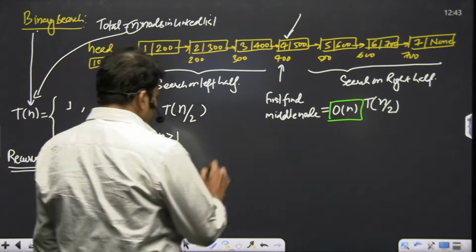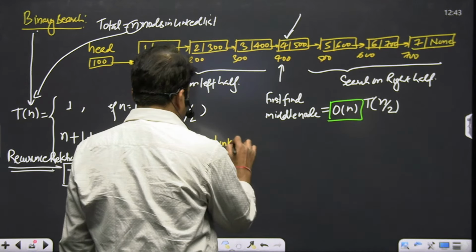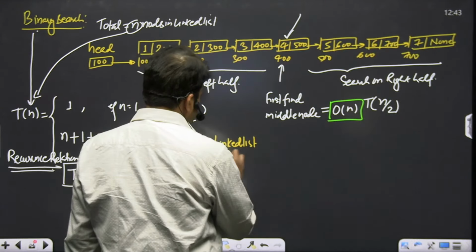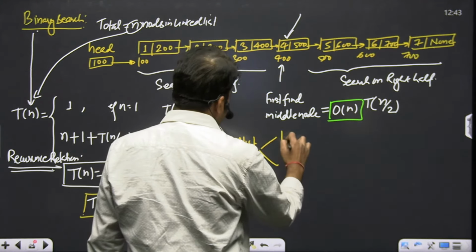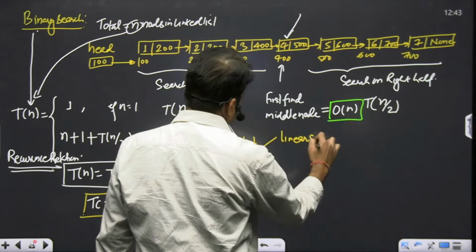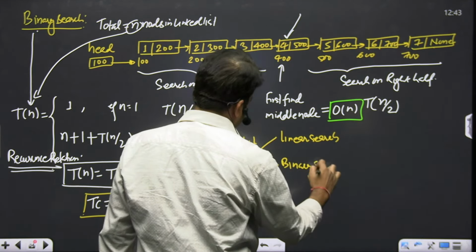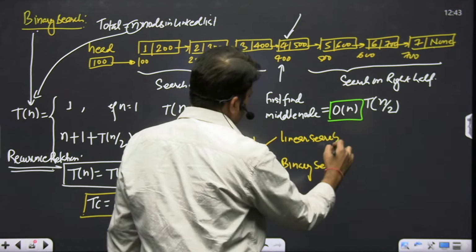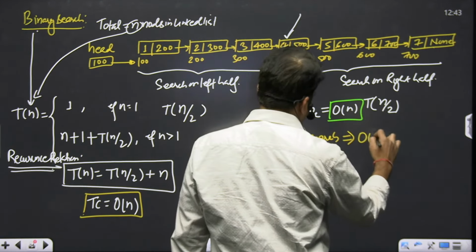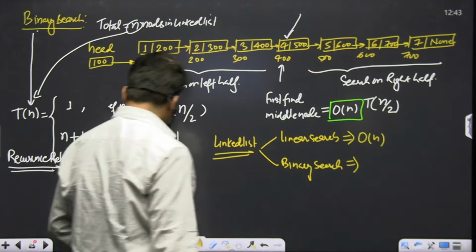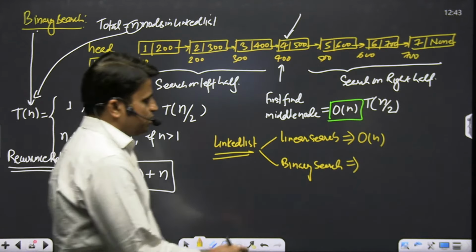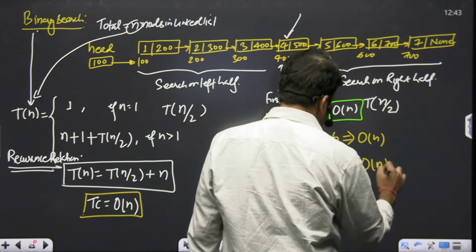So my dear students, on a linked list, if you apply linear search or if you apply binary search, then linear search cost is also order of n and binary search cost is also order of n. No benefit, students.